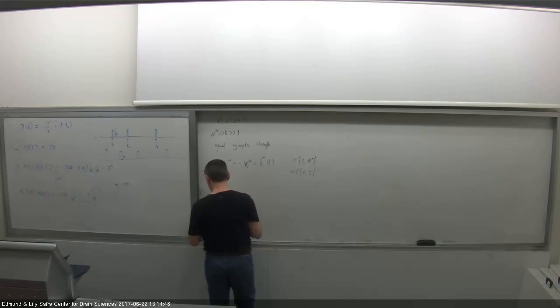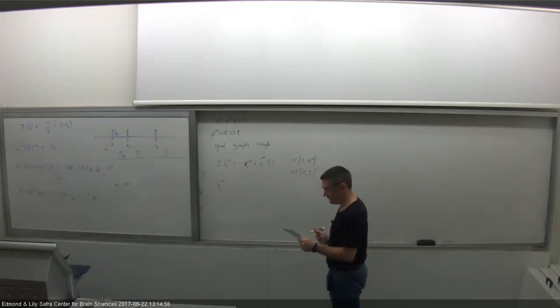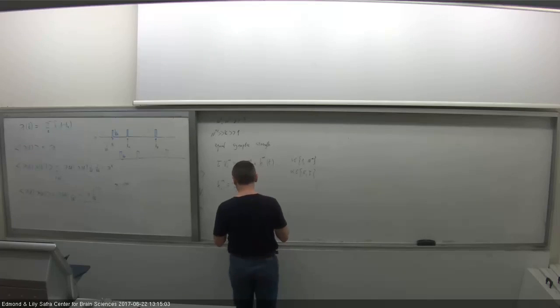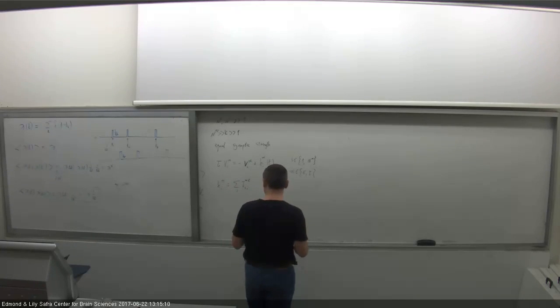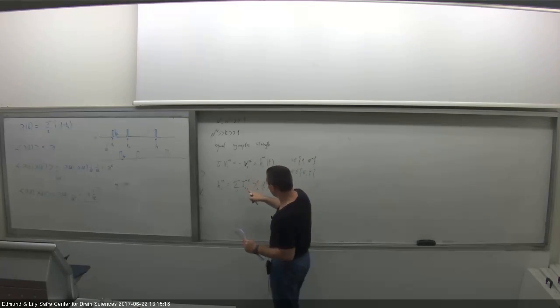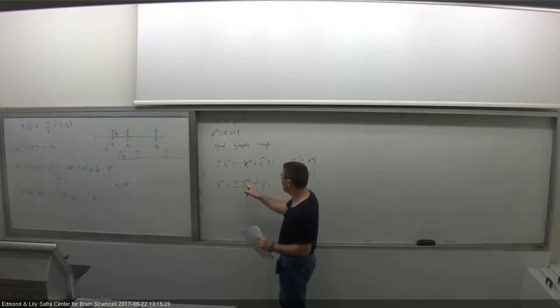And the input that the neuron receives, the input to the ith neuron of population alpha, is just equal to the sum over all the excitatory neurons, J_ij^{alpha E}, times the instantaneous firing rate of the jth excitatory neuron. So J is the strength of a connection from the jth excitatory neuron to the ith alpha neuron.